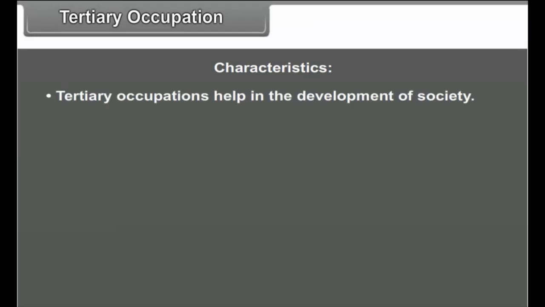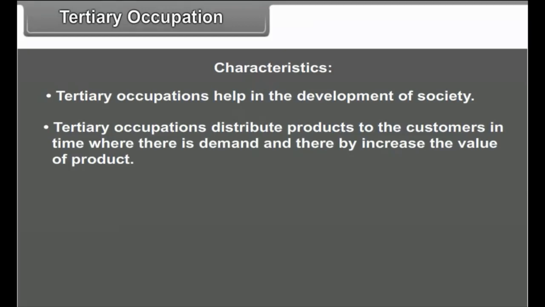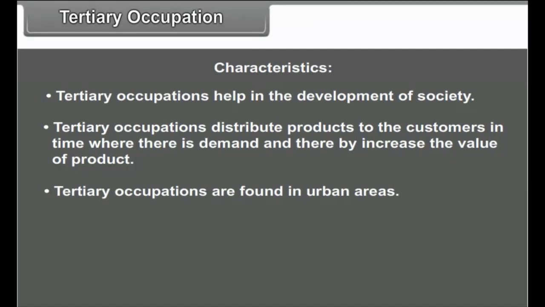Characteristics. Tertiary occupations help in the development of society. Tertiary occupations distribute products to the customers in time where there is demand and thereby increase the value of the product. Tertiary occupations are found in urban areas.